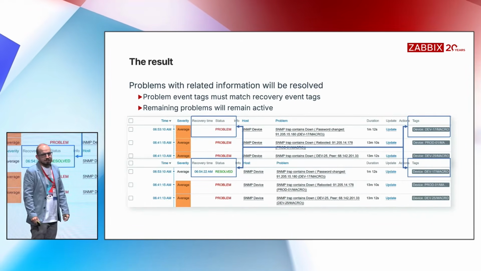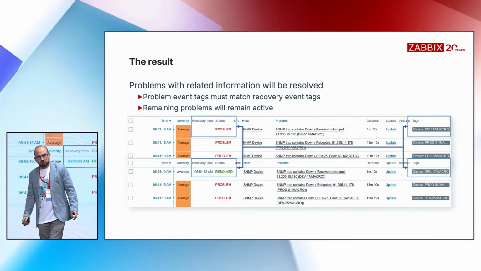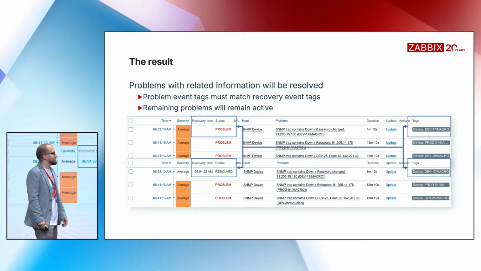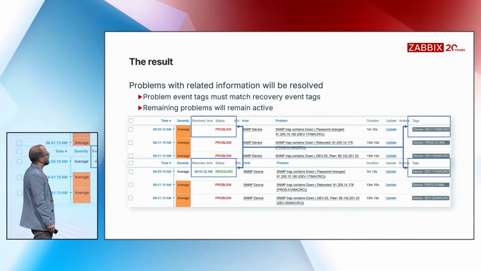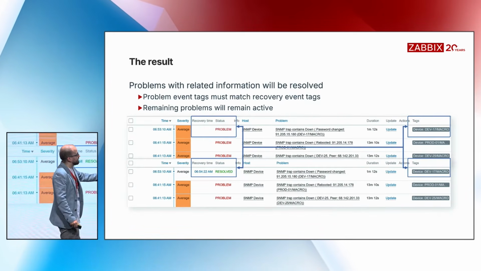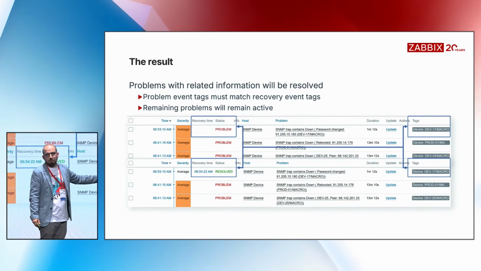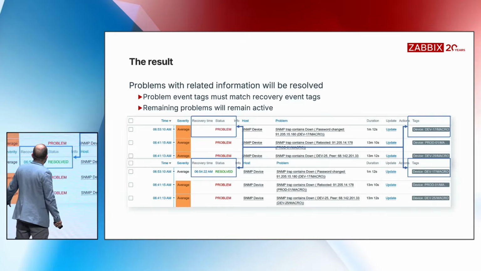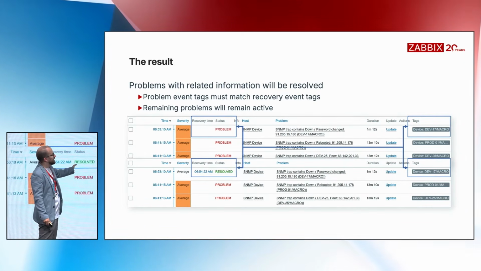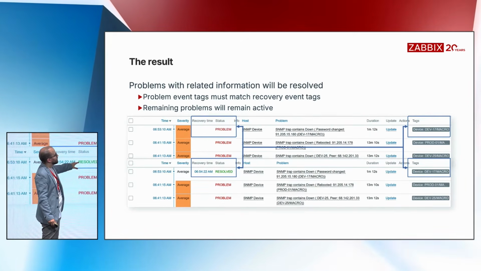And then instead of resolving everything with one clear event, in that case, problems will be resolved only when the tags match. So in the tags, you can see there is the device name, which has the problem. And you can see different ones, right? You can see a problem for one device, a problem for a different device, and one of them is resolved.